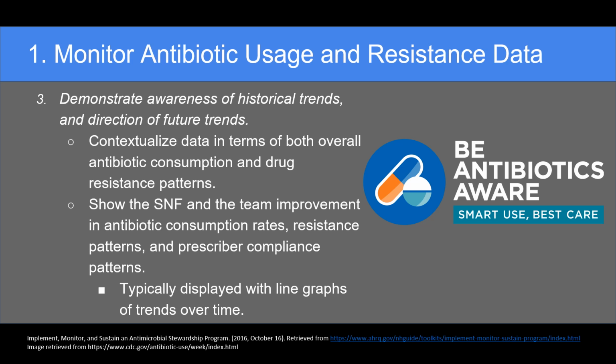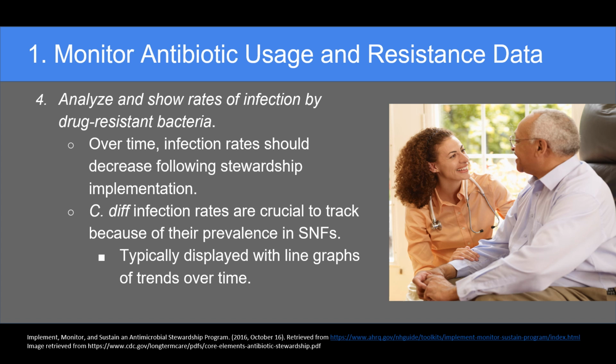So one aspect is to look at the rates of infection by drug-resistant bacteria type. So for instance, multi-drug resistant Pseudomonas. That you're able to show your team and show CMS potentially infection rates over time from these highly resistant organisms.